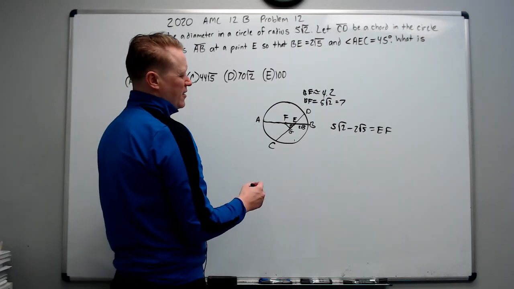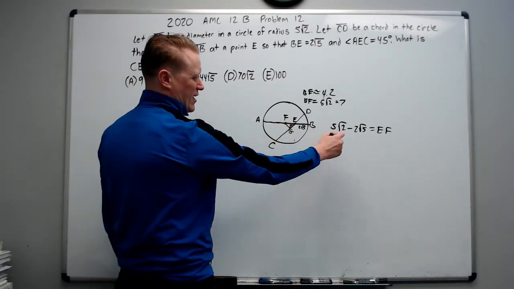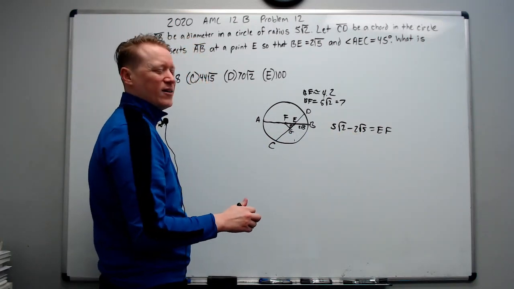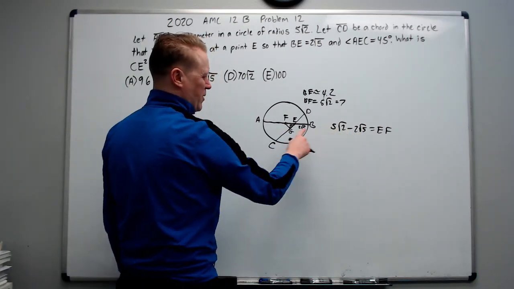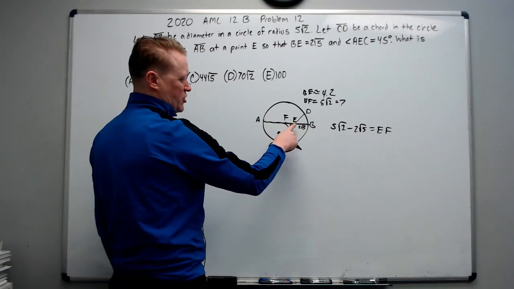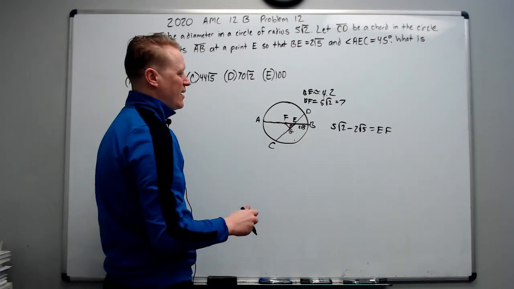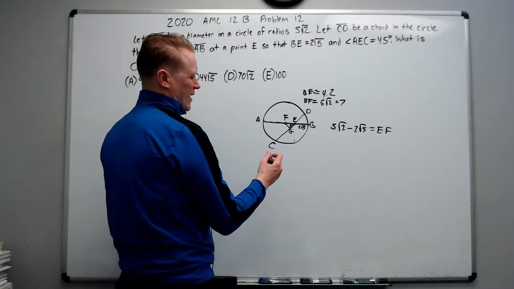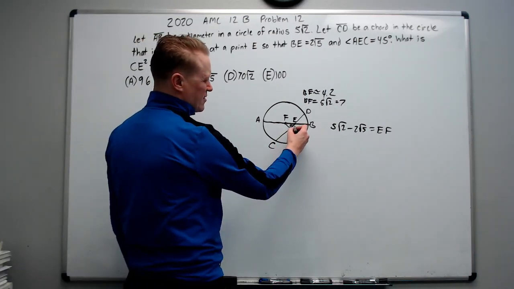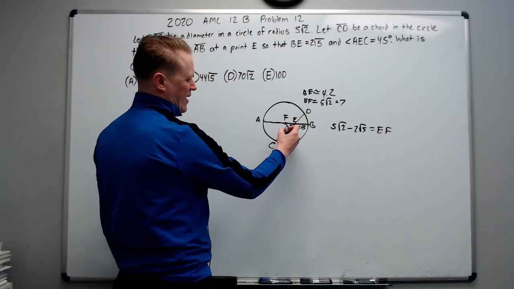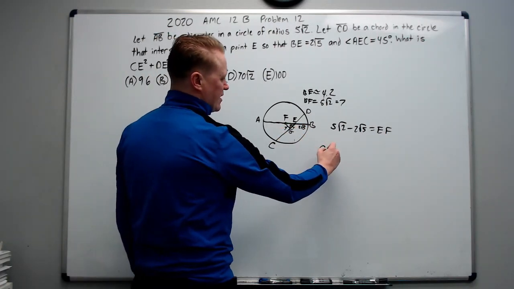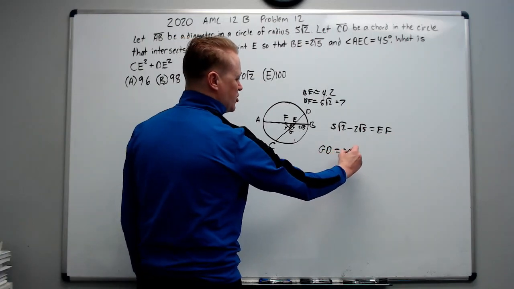The way we can think of it, we know that FE, or EF, is 5 root 2 minus 2 root 5. And we could easily divide this by root 2 to get both FG and GE. If we wanted to do that, we could, but let's hold off for a second. Let's call GE something like Y, and then FG will be Y. And we'll let GD equal CG.